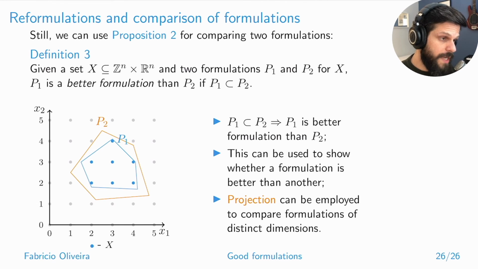We will do an exercise in which that is the case, and we'll rely on projection to show that one formulation is better than the other. When they don't have the same number of variables, it's still possible, but you do have to make sure you can bring them into the same space, say x1, x2, so you can show whether there is a relationship in which one is within the other.